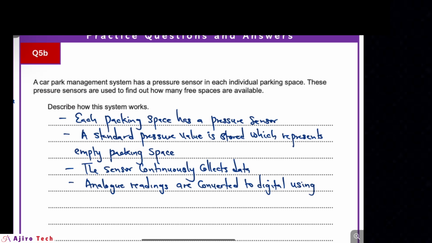Using what we call the ADC. This is analog to digital converter. That's what it means. So the computer can interpret and understand.